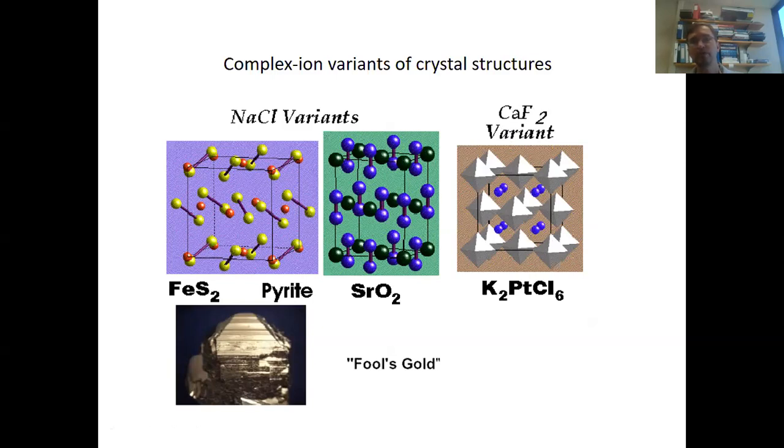So you see in this case that we have PtCl6 2 minus octahedra making the lattice in a cubic unit cell. You see here the corners are occupied by these octahedra as well as the face centers. And then all the potassium ions, which are twice as many as the PtCl6 2 minus octahedra, sit here in the tetrahedral holes.